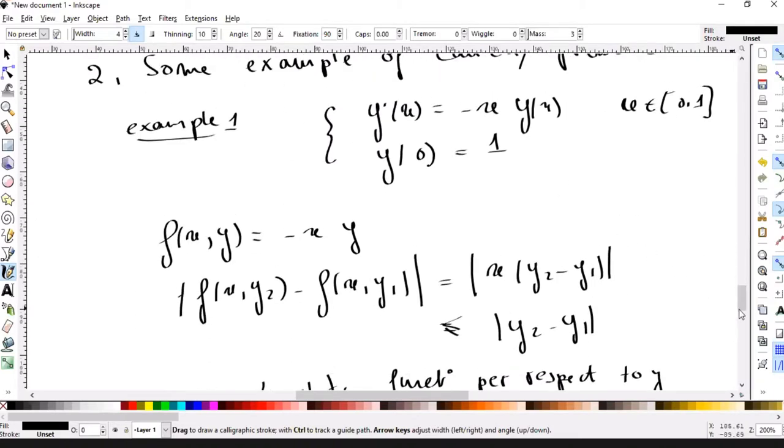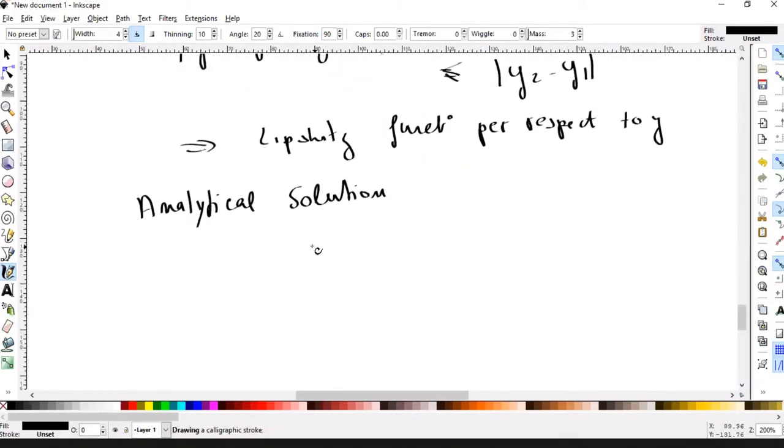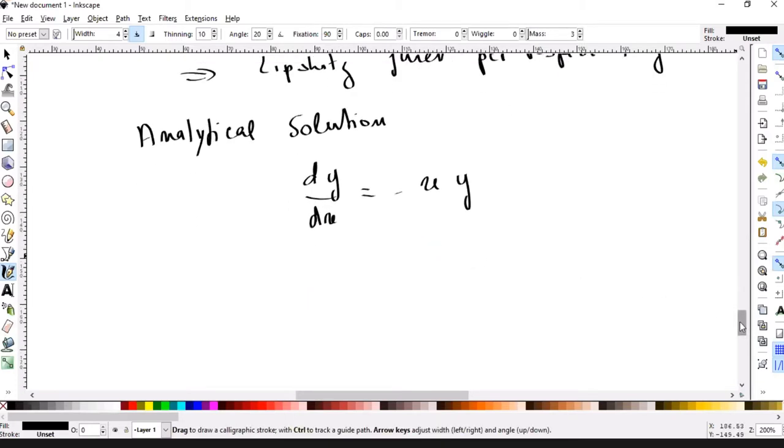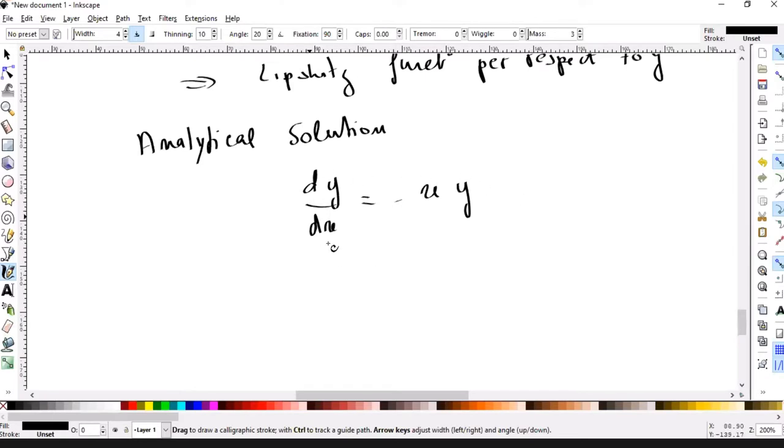Here it's very easy to evaluate the analytical solution because dy over dx is equal to minus x y. This is a separable differential equation, so you can separate it.